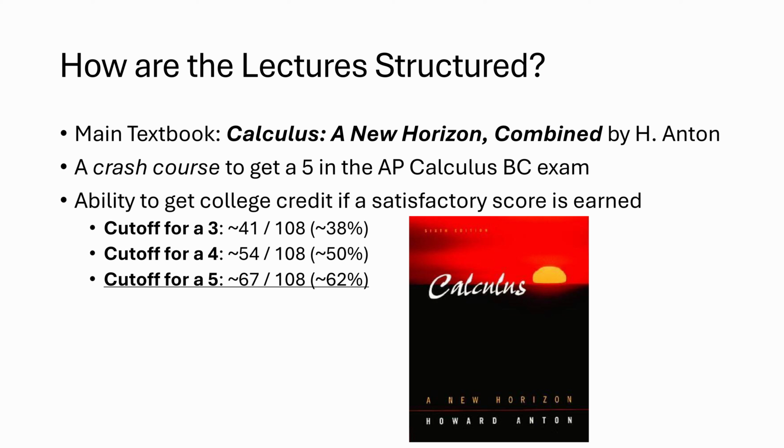So, as I looked into the past exams, I made an average cutoff for 3, 4, and 5. The average cutoff for 3 is 41 out of 108, which is around 38%. The cutoff for 4 is 54 out of 108, which is 50%. And the cutoff for 5, which we always strive for, is 67 out of 108, which is 62%.